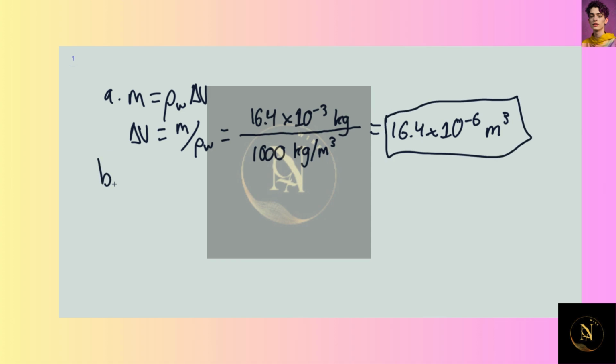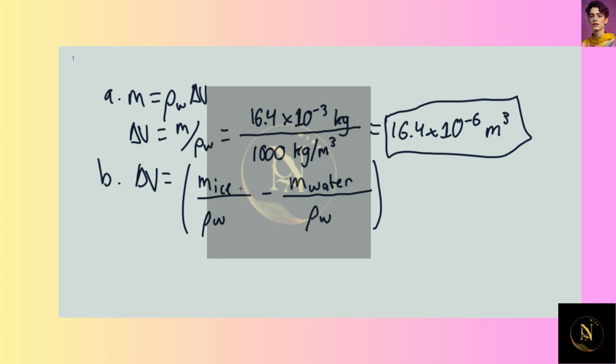Now, part B asks us, is there going to be any water overflow? And for the water overflow, the change in volume would be the mass of the ice divided by the density of the water, minus the mass of the water divided by the density of the water too.